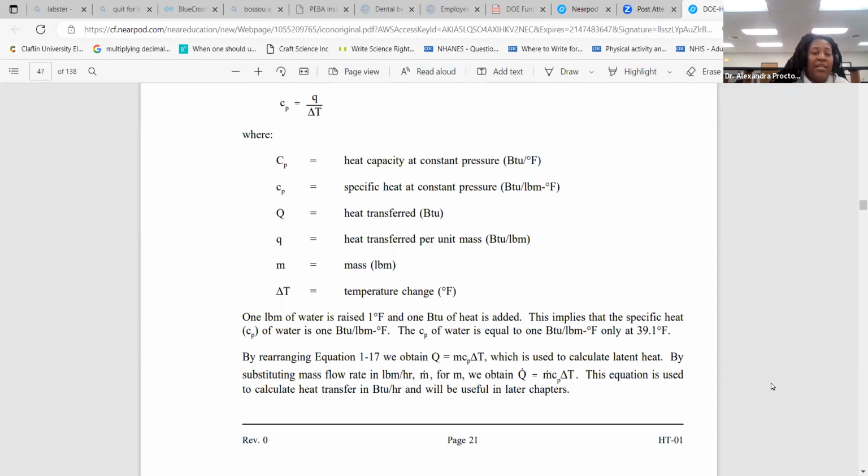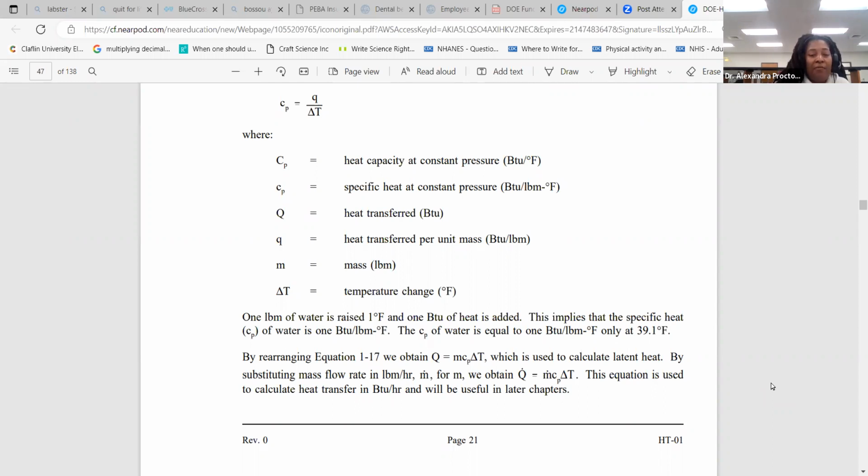So if you rearrange this equation, Q is equal to MC delta T. Q, capital Q, is equal to MC delta T, which is used to calculate the latent heat.